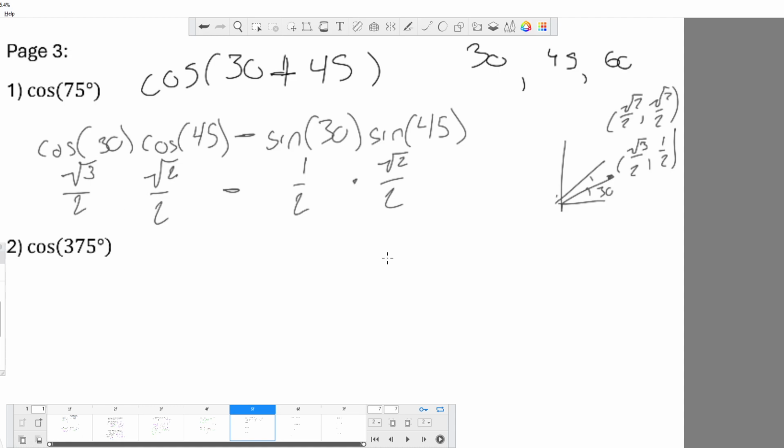And we would get, on this first piece, square root of 6 over 4 minus square root of 2 over 4. So we can combine that and say square root of 6 minus square root of 2 over 4. Yeah, can't simplify that any further.